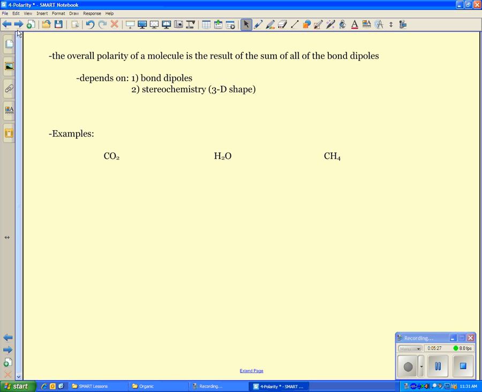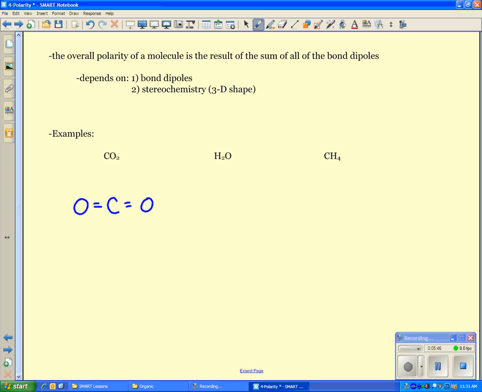We need to draw these with their three-dimensional shapes or their stereochemistry. Our first example, carbon dioxide, you've probably seen a couple of times. So hopefully you remember that it's a linear molecule where you have oxygen on the outside and a carbon in the middle.